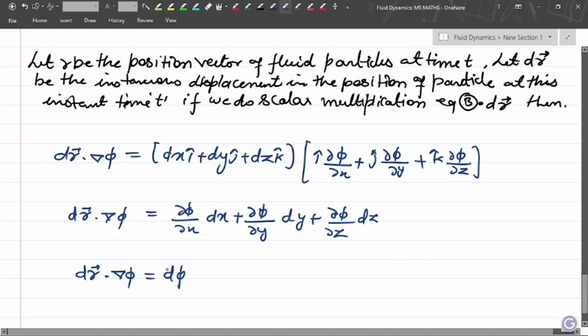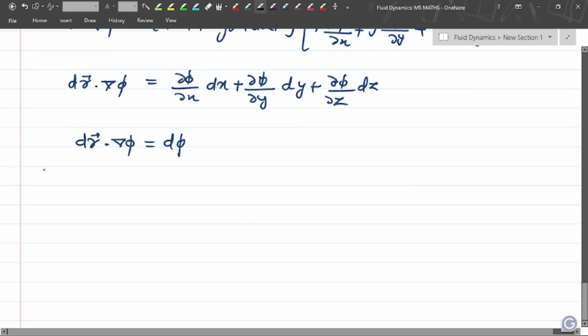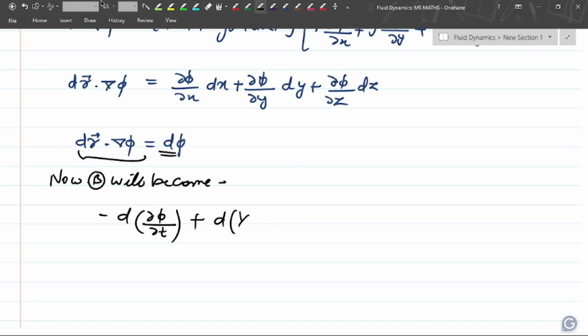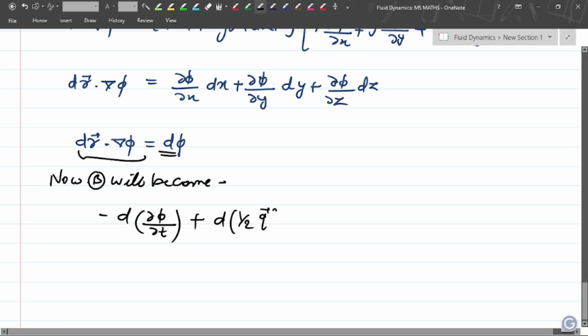Now equation B will become minus d of dou phi by dou t, we'll replace it as this, plus d of 1 by 2 q vector square plus d omega star plus 1 by rho dp is equal to 0.